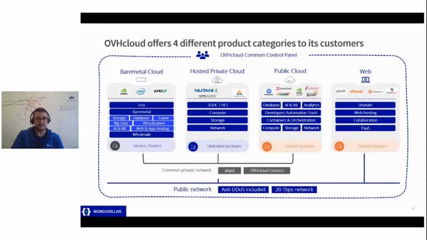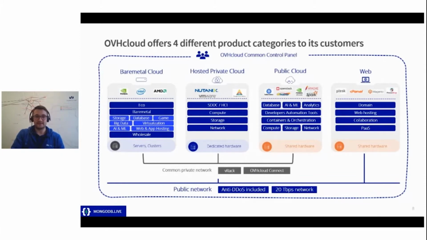In the bare metal cloud, which was our first major offer, you can find the best of the new technology, like the new AMD processors. It's basically a service where you rent your dedicated infrastructure, but in the cloud, where we manage it for you. The hosted private cloud is basically an extension of your on-premise solution, but in the cloud.